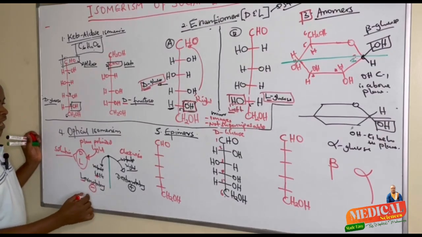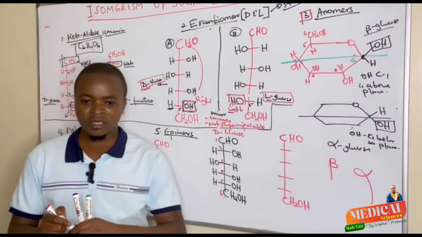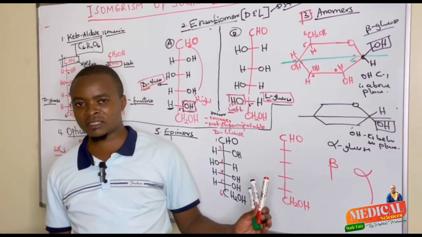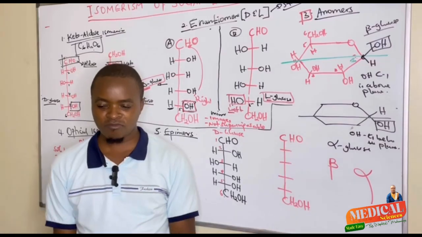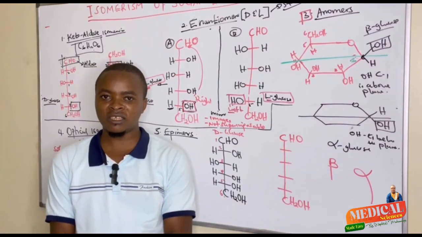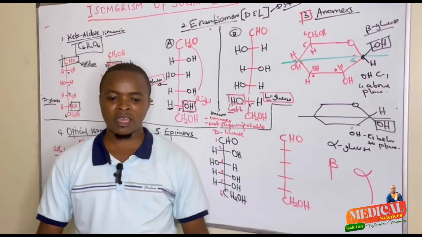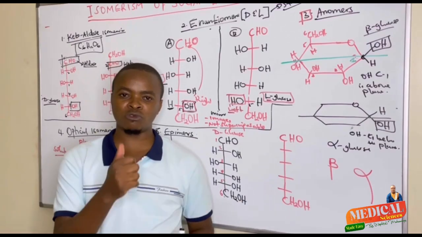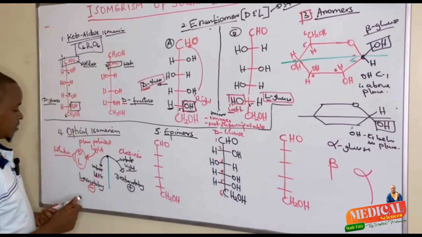And when they rotate, if one is rotating on the left and another on the right, where they meet, they cancel the charges. Where all of them are equal in number and they meet to cancel out is what we call a racemic mixture.